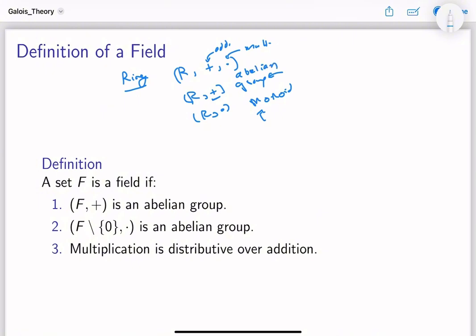And if you consider R with the multiplication, you get a monoid, which is a group, except that you don't have inverses for the elements. And I should mention here an important definition. This is our first definition in the course. This is something that I assume the audience know. It's fine. I'll be sketching some important definitions as we go.